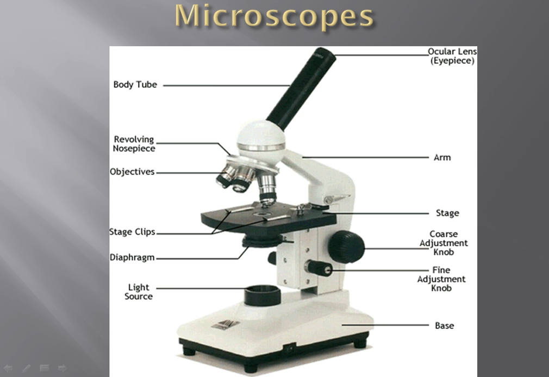So, I will refer to things like the eyepiece, objectives, which is very important, the nose piece, the arm, the base, light source, coarse adjustment knob, fine adjustment knob, stage, and stage clips.